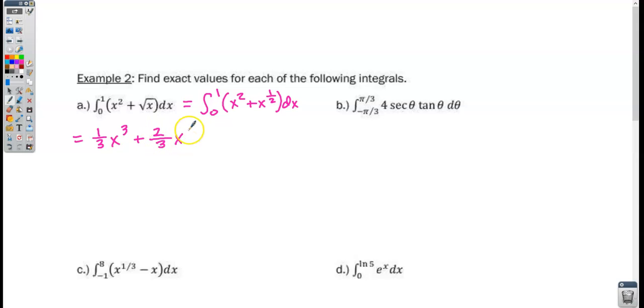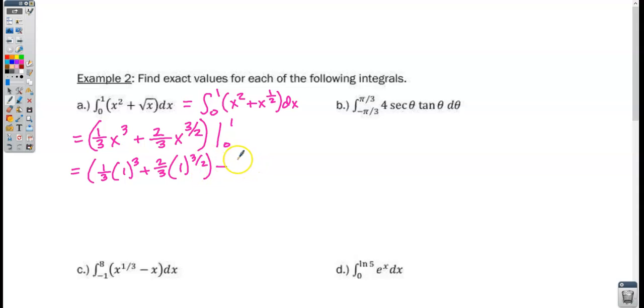And that is 2/3 x to the 3/2. So there's my antiderivative, and I'm going to evaluate from 0 to 1. So this is going to be 1/3 times 1 cubed plus 2/3 times 1 to the 3/2, minus 1/3 times 0 cubed plus 2/3 times 0 to the 3/2.